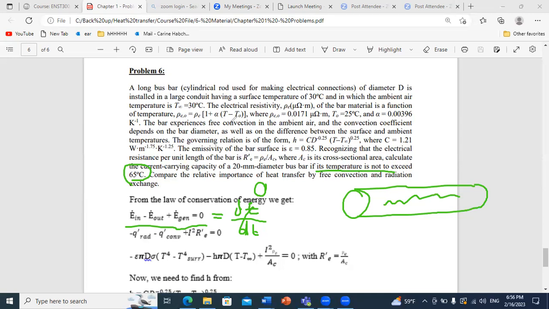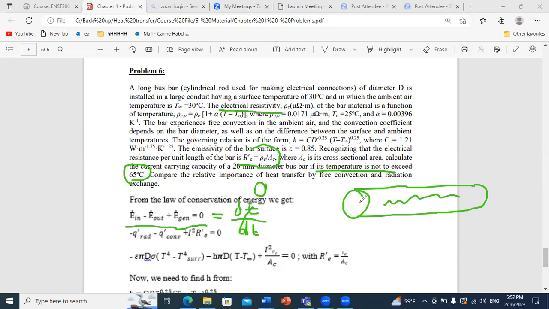They told us in the given that the electric resistance per unit length is given by rho E over AC, where rho E is the electrical resistivity, okay? And AC is the cross-sectional area of our cylinder.